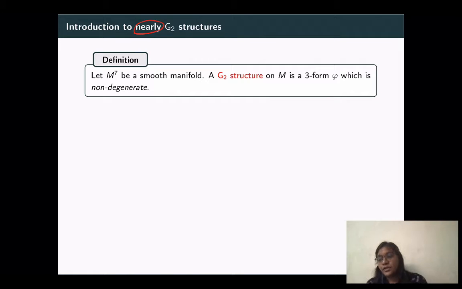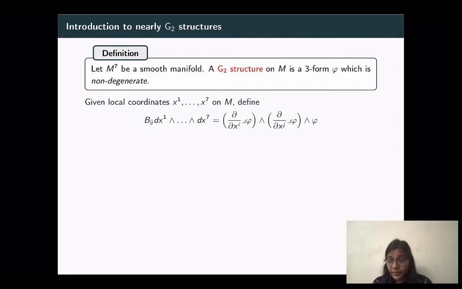We define a G2 structure on M using a 3 form, which is non-degenerate. Now we know what a 3 form is, but we need to understand what we mean by non-degenerate. By non-degenerate, I mean that if I have a set of local coordinates x1 till x7 on my manifold, then we can define this 2 tensor B by this formula.